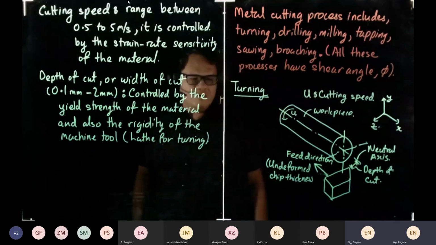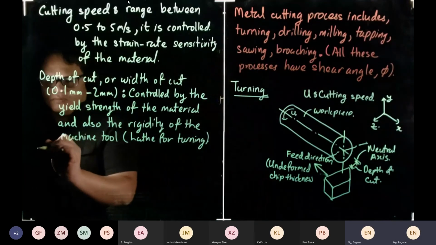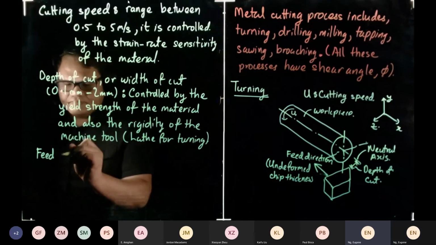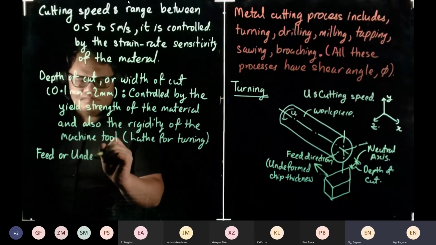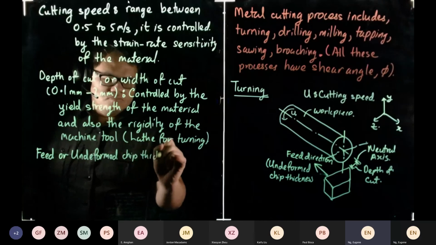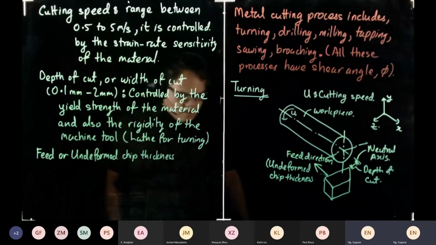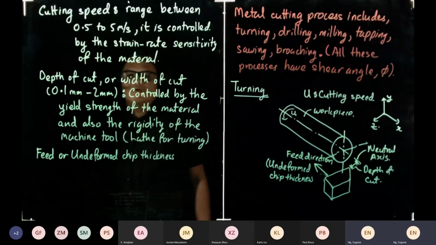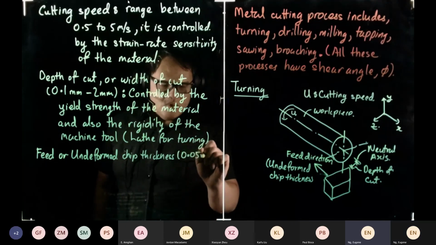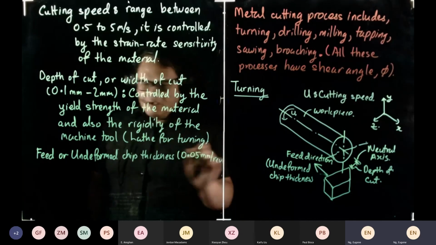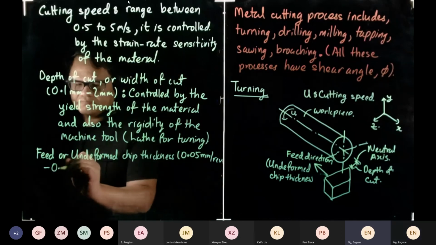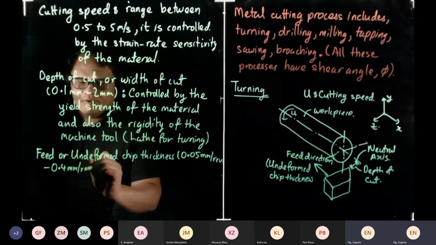And then the feed, or undeformed chip thickness, right? The feed or undeformed chip thickness. So the range is between 0.05 millimeters per revolution, and it can go up to 0.4 millimeters per revolution.